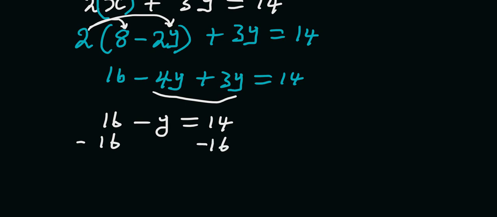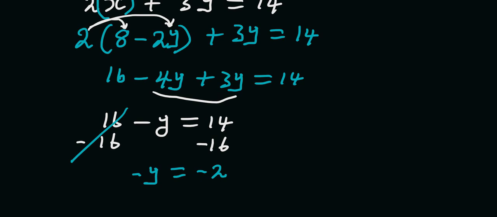So now 16 minus 16 gives us 0, so it cancels out. So we are left with just negative y on the left side equal to 14 minus 16, which gives us negative 2. So now we have negative y equals negative 2. But we don't need this negative attached to y.